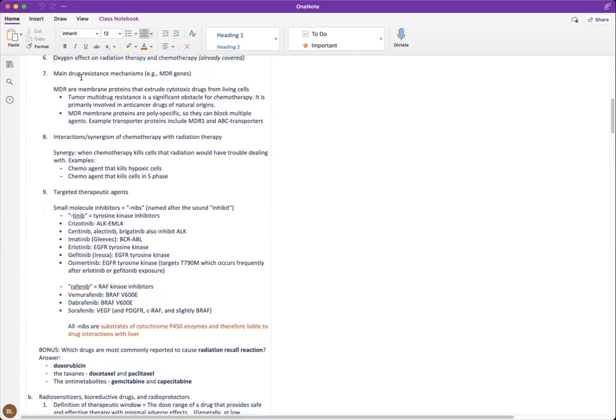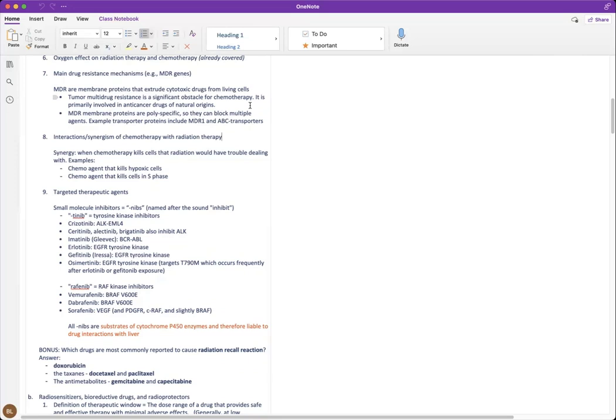MDR mechanisms, multi-drug resistance. This is probably very well known for med-oncs. MDR are membrane proteins that send out cytotoxic drugs from living cells. So this is a big obstacle for chemotherapy.